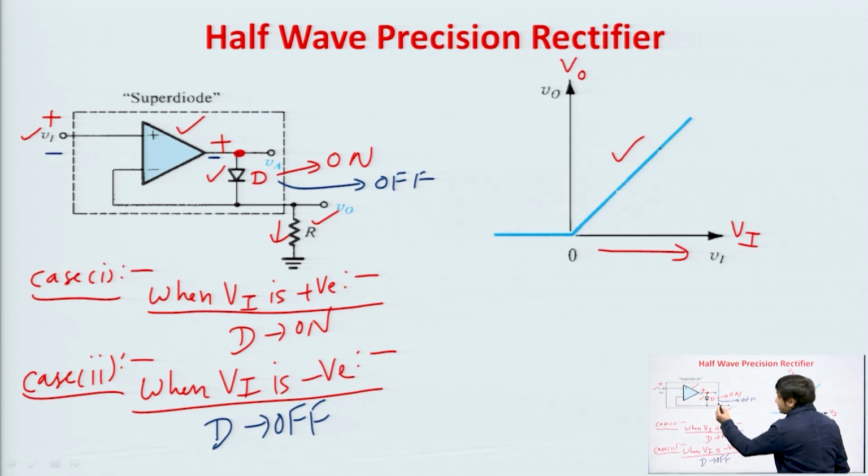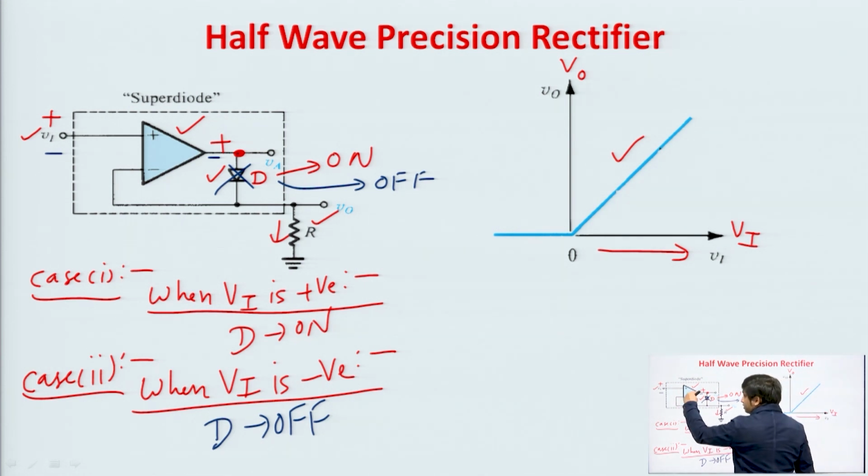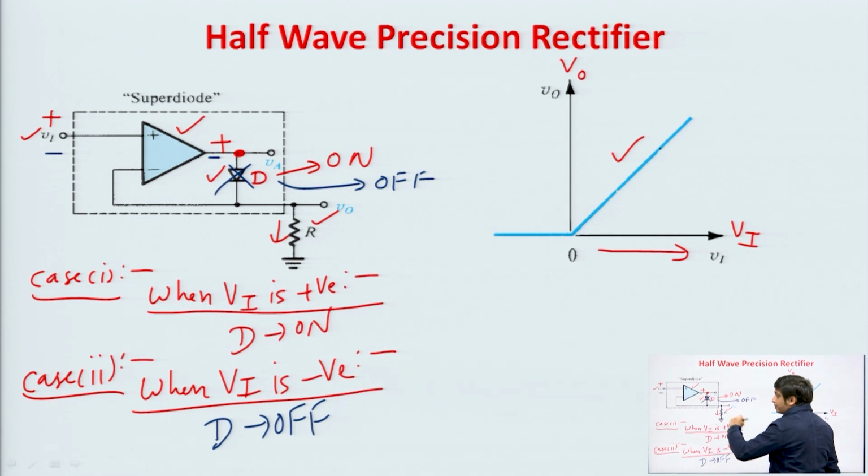If the diode D is off, it means an open switch, then this op amp will go into the open loop configuration, because there will be no feedback now, because the output is not connected to input. So, when Vi is negative and the diode D is off, then in this case this op amp will go into saturation.